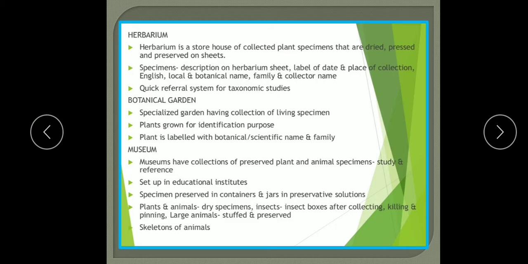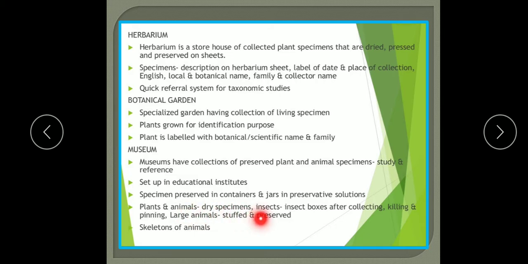So specimens are preserved in containers and glass jars in preservative solutions. These museums are set up in educational institutions also, and these specimens may also be dried and preserved. Sometimes specimens of dead birds and tigers may be stuffed. So different ways are there to preserve them.